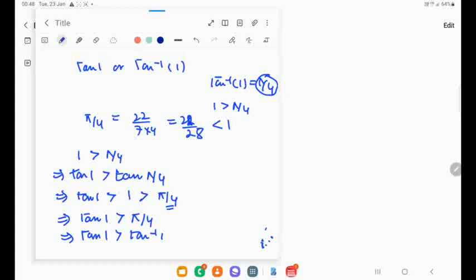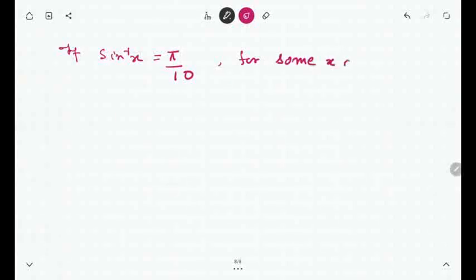The next question is: if sine inverse x is pi by 10 for some x belonging to R, then find the value of cos inverse x.